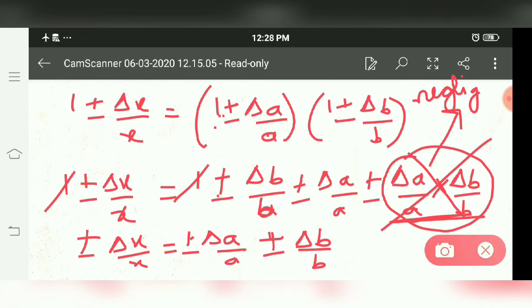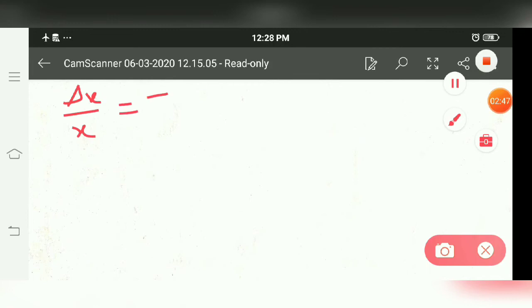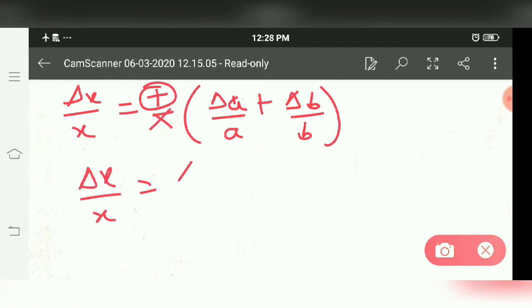Taking the plus minus common, we get delta x upon x is equal to plus minus (delta a upon a plus delta b upon b). Again we have to maximize the error, so we take the positive sign, not the negative. So in product, delta x upon x is equal to delta a upon a plus delta b upon b.